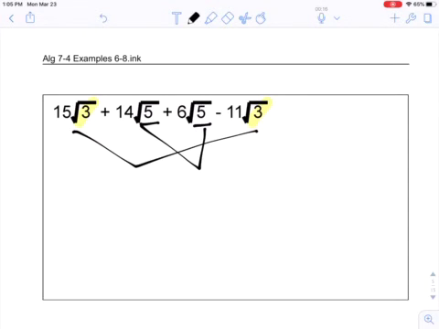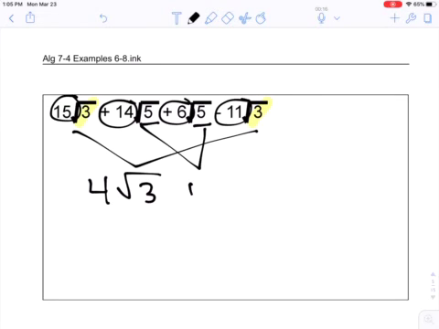So with our 3s, you get 15 minus 11, which is 4, times the square root of 3. And then for our 5s, you get positive 14 and positive 6, which gives you plus 20 times the square root of 5.